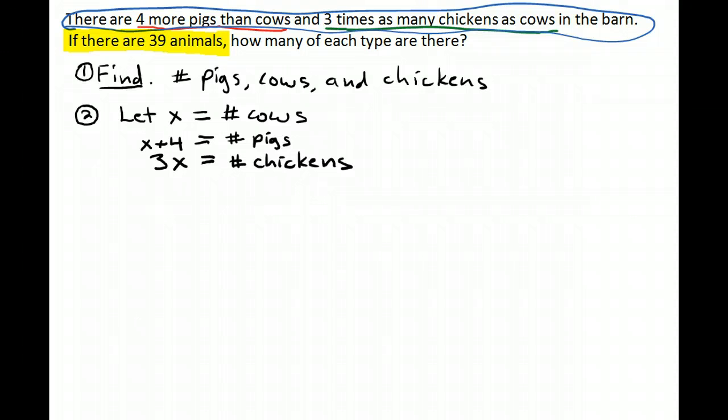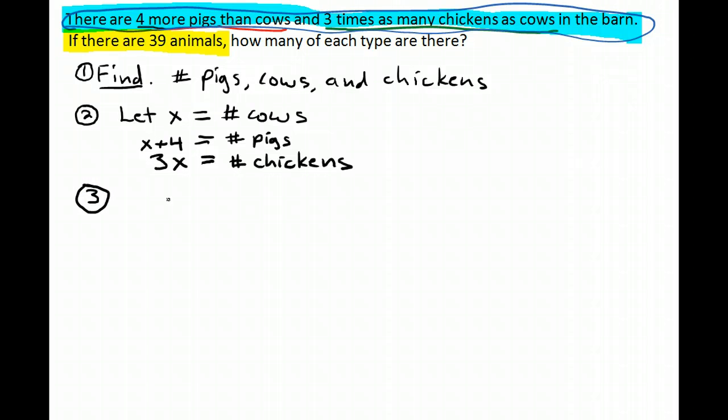That's generally what will happen. You will use one sentence to come up with your let statements, and you will use another sentence to come up with your equation. Okay, so in this case, if there are 39 animals in all, that means I'm going to add the number of chickens, the number of cows, and the number of pigs to get 39.